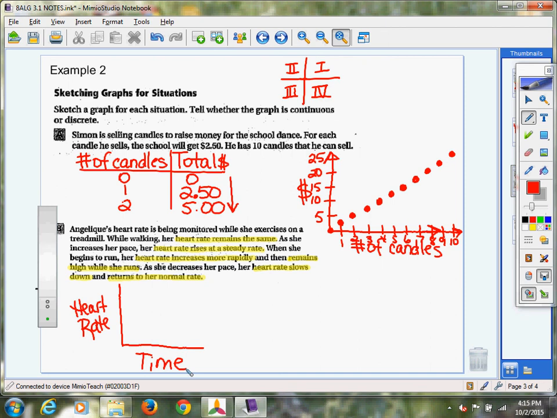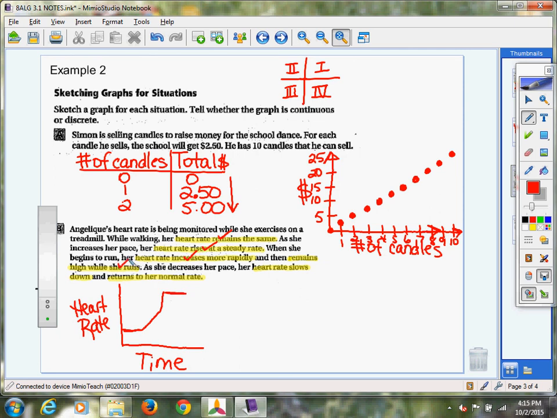All right, so heart rate remains the same. So our first stroke should be a horizontal line, not at 0, so somewhere above 0. So we got that part done. Now she's walking faster, so her heart rate rises steadily. So there we go, it's going up steadily. Now she's starting to run, so her heart rate's going even faster, so make that a little bit steeper line, and then it's going to stay there high while she runs.